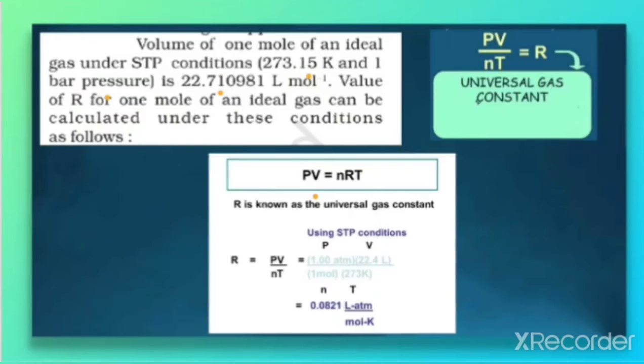So in the equation PV = nRT, when you substitute the values, pressure 1 atm, volume 22.4 liter, n is 1 mole, and T is taken as 273 Kelvin, when you solve it you will get the value 0.0821 liter atm per mole Kelvin.